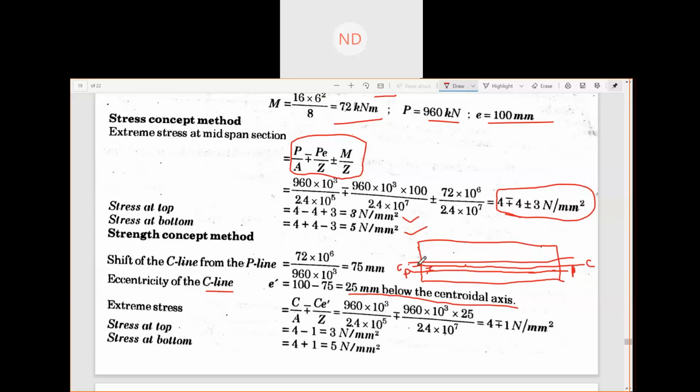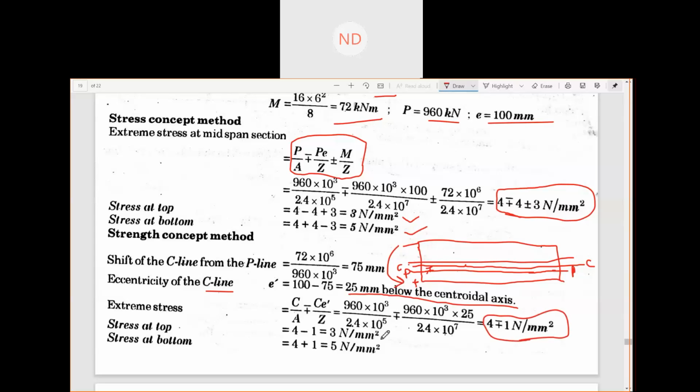Your C line is below the CG, and therefore you have a moment this way. So minus plus, that means at the top it is under tension due to this eccentricity, and at the bottom it is compression. So your total stress is now how much? 4 minus plus 1 Newton per mm square.